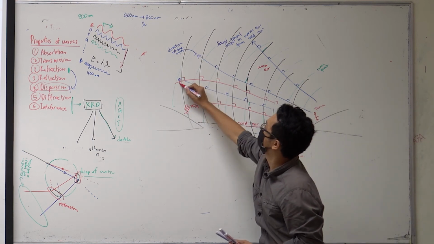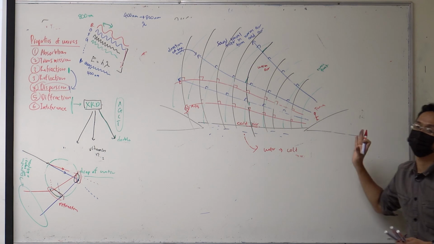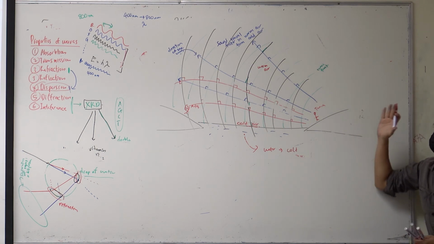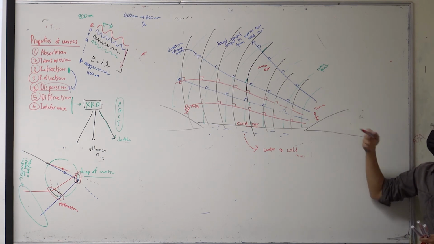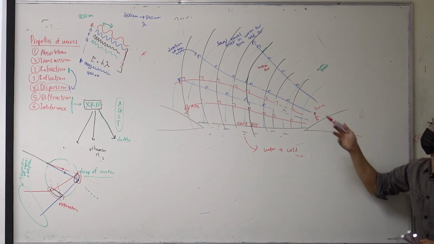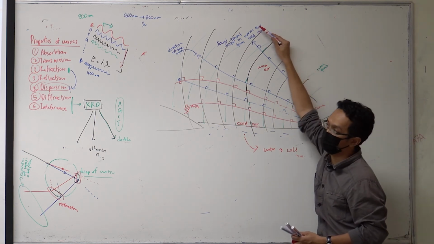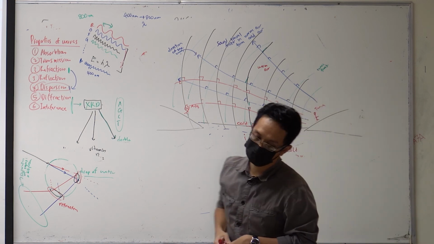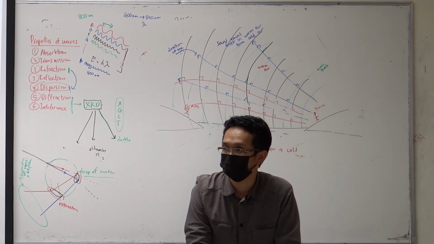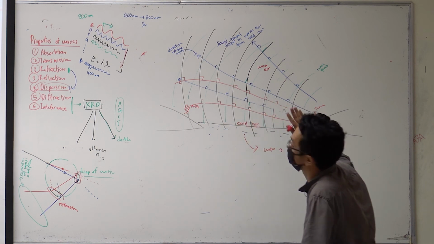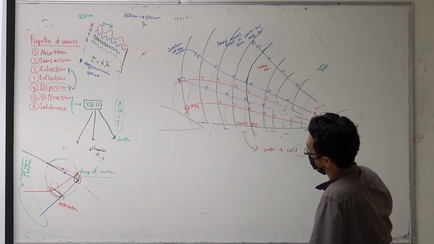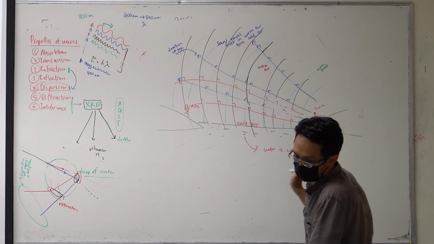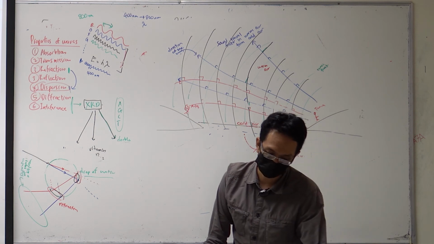So this is basically the refraction of the sound wave. The sound travels slower in cold air than in warm air. So refraction can occur both for light and for sound waves. That is basically the idea of refraction.